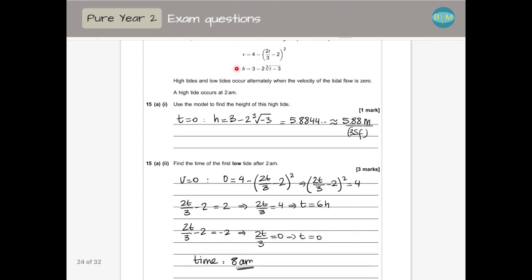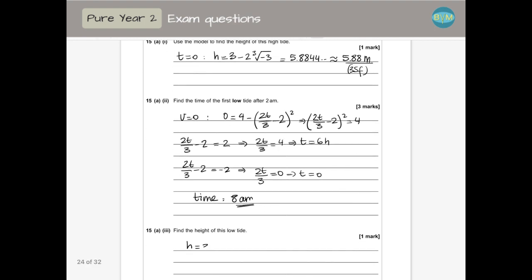So 3 minus 2 cube root of 6 minus 3. With the calculator, this is 0.1155. We can round again to 3 significant figures, so 0.116 meters.